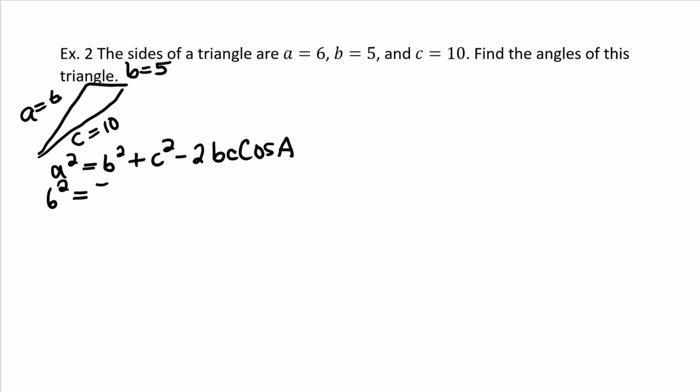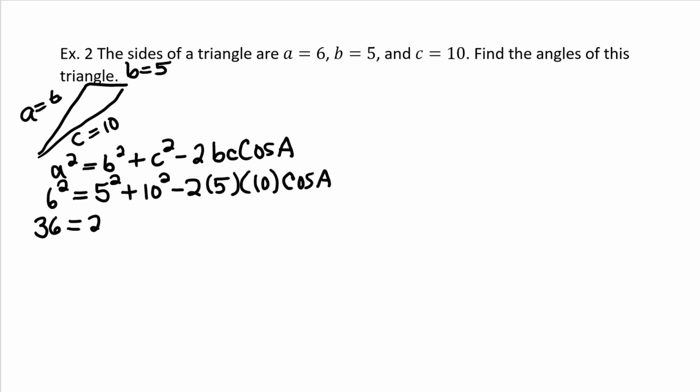The length of B is 5 squared plus C is 10 squared minus 2 times B, length 5, C is 10, and we still have cosine of A. So 6 squared, 36. 5 squared is 25 plus 10 squared is 100 minus 2 times 5 times 10. The product is 100 cosine of A.